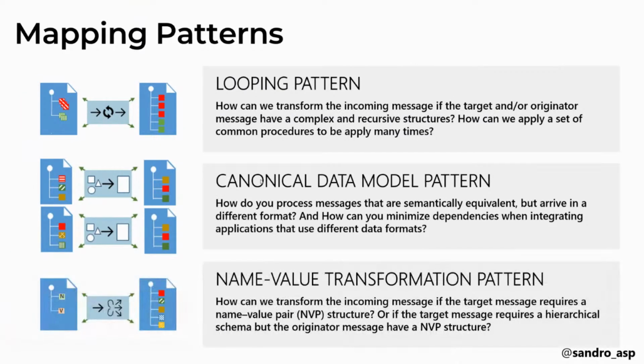And then we have, again, loopings. We have the canonical data model pattern, which we see in a lot of implementations with canonical schemas, where we have different messages coming from the partners. Let's say an order: partner A has one order type and partner B has a different order type. They are sending the same message, an order, but in different formats.